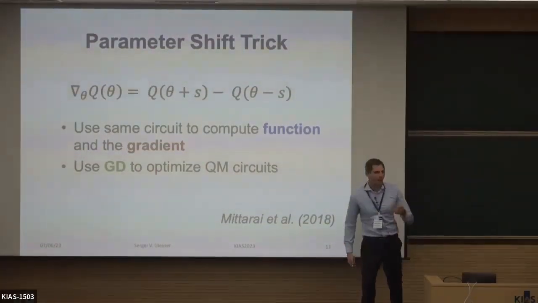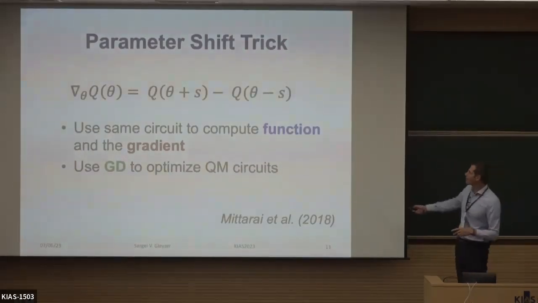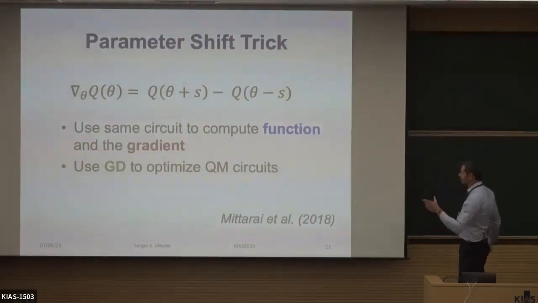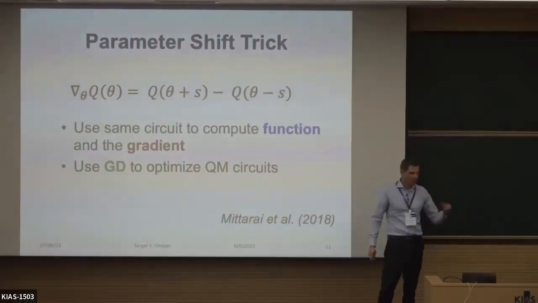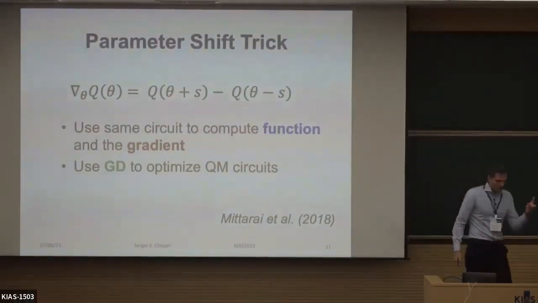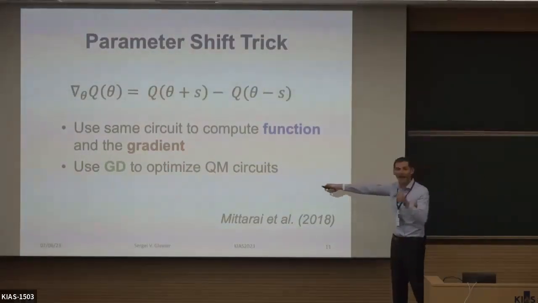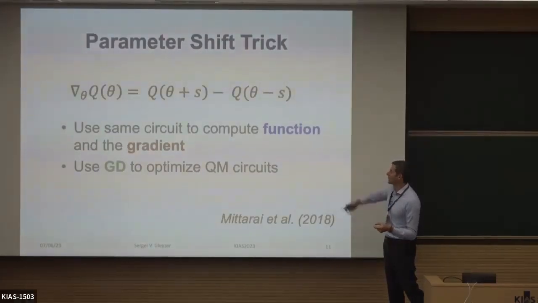So here there's an important trick. It's called the parameter shift trick. The people realized basically what you do is you shift your parameter in one direction and the other direction and take the difference, and it turns out that you can use that to quickly and efficiently find exactly, actually not approximate, exactly the gradient.